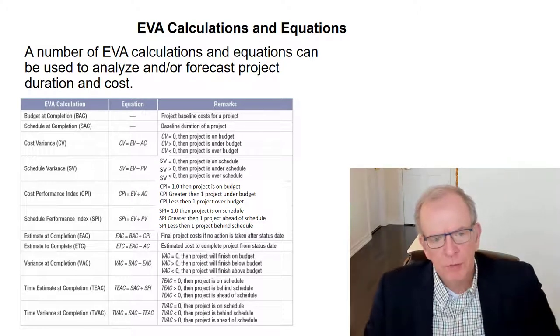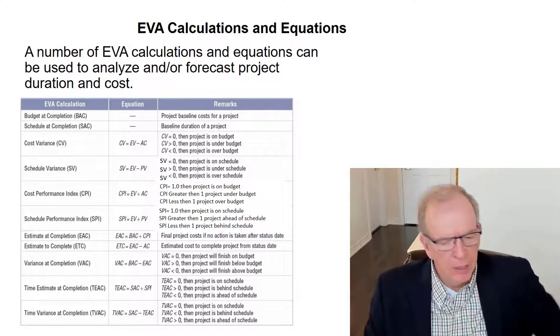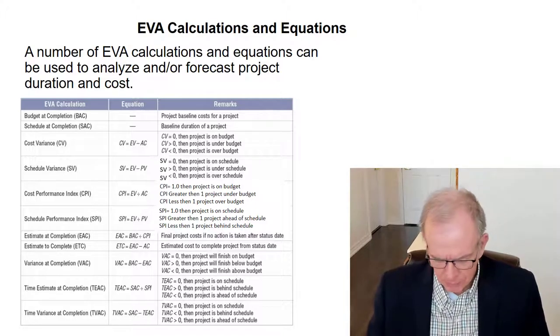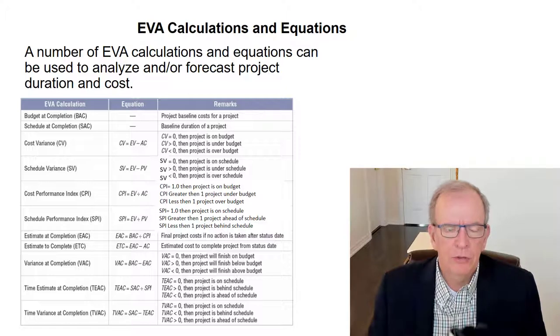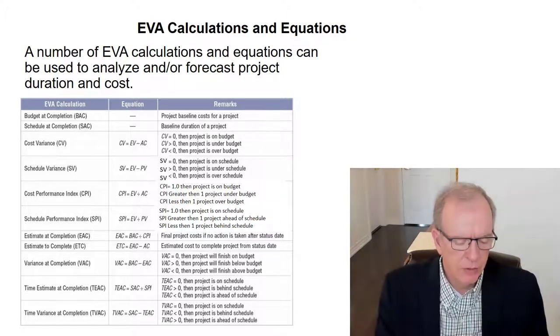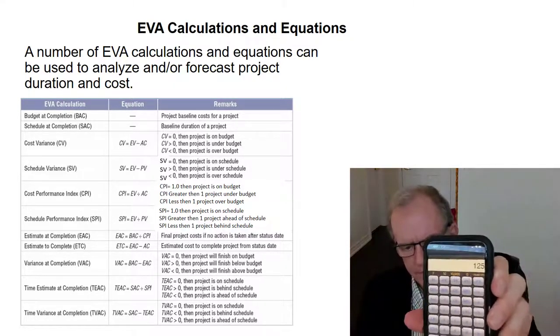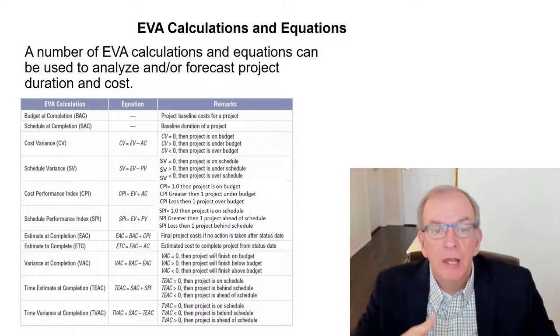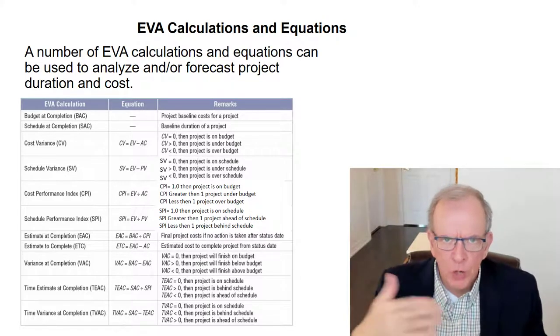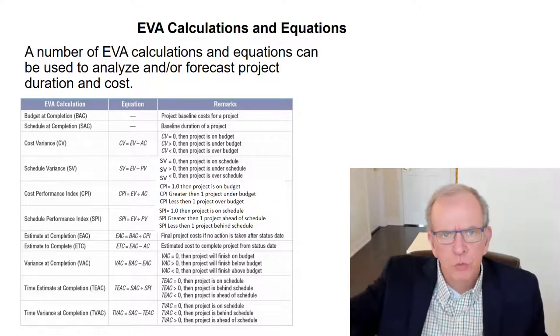Well, let's work it out. If we're at 100 days and we're at 0.8, we take our 100, divide by 0.8, and we get 125 days, right? That's giving us an idea. If this trend continued, this is how it would work out.